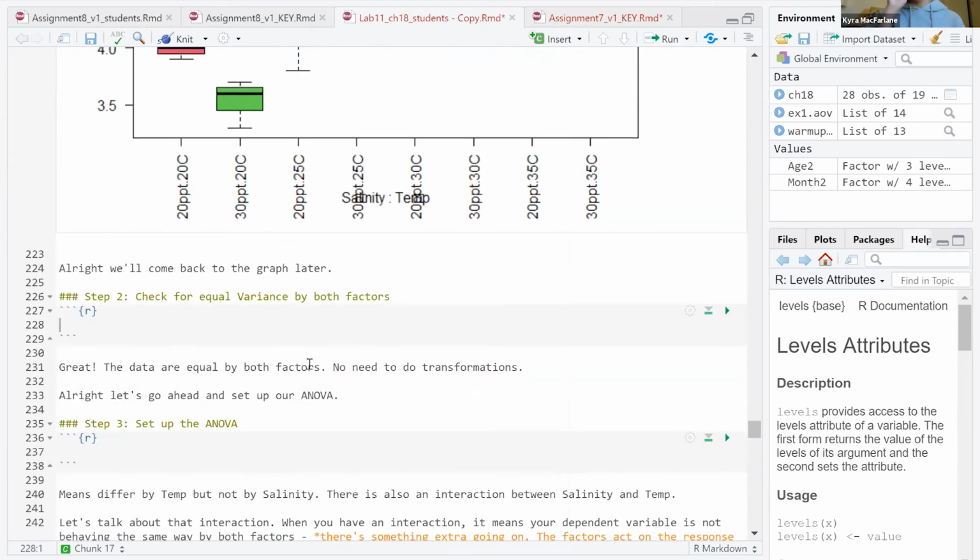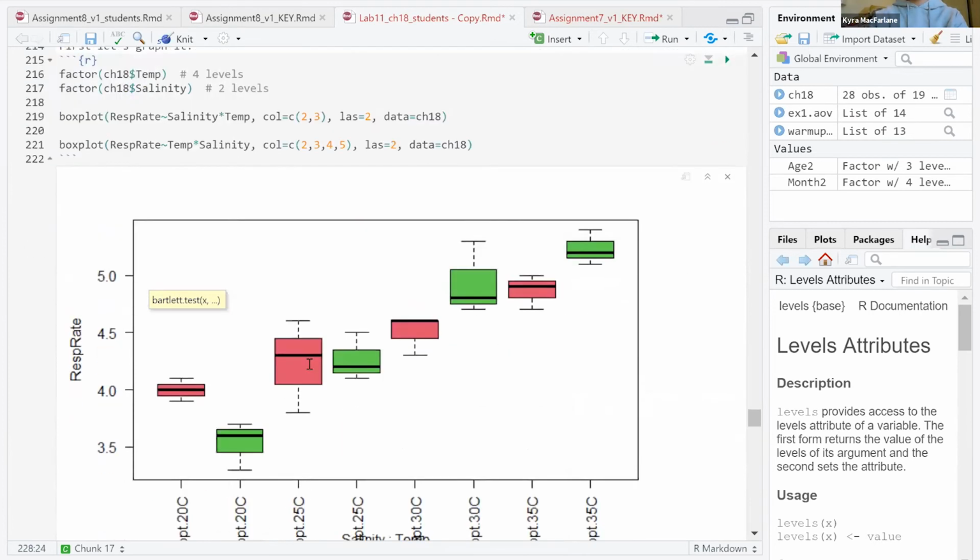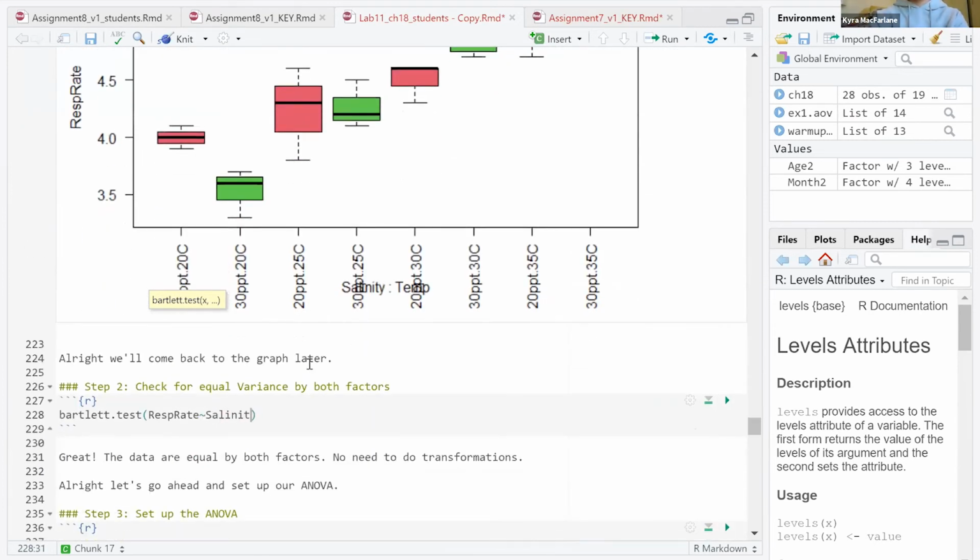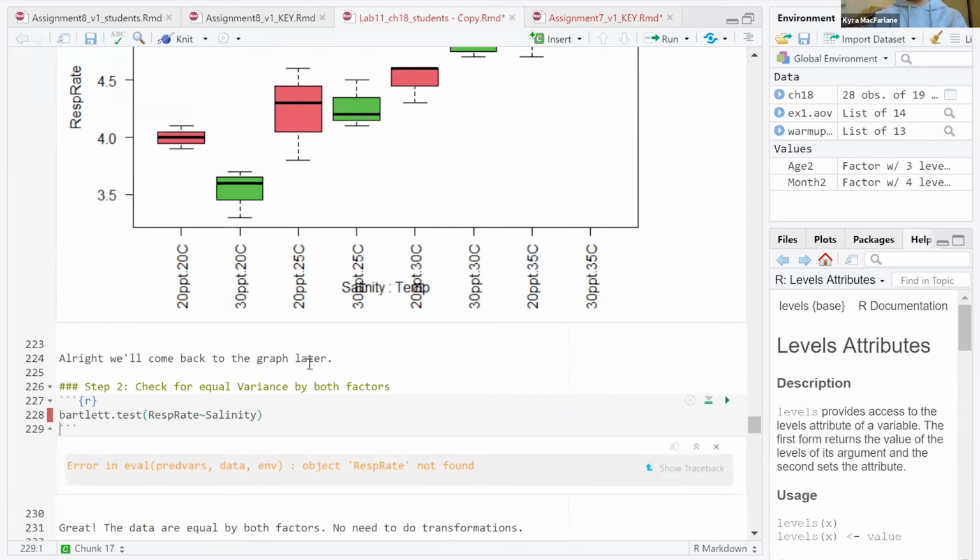Okay, so let's check for equal variances now. So Bartlett, resp rate by, let's see, I'll just be consistent. We'll do salinity first. Oh, oops.